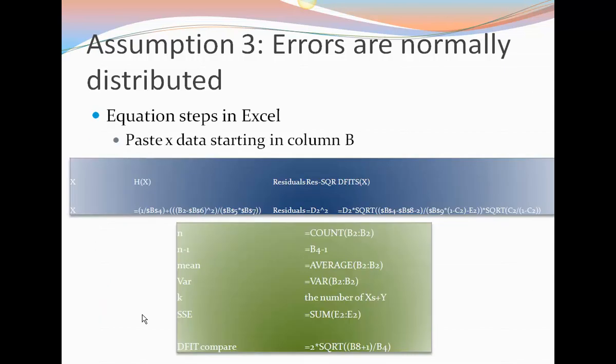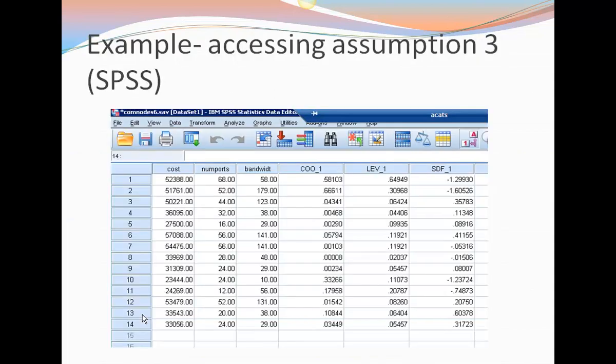If you want to do it in Excel, you have the formulas. Here's the printout of how to go through and do that, and there is a video showing you this. The way I did it was by creating several individual columns. So here's the output in SPSS, where the first one is Cook's D, then leverage, then the standardized DFITS.